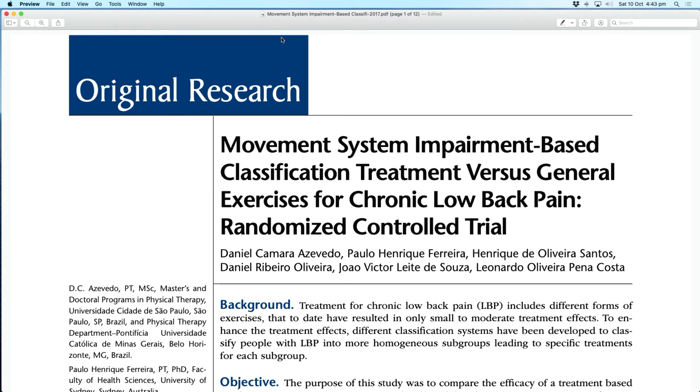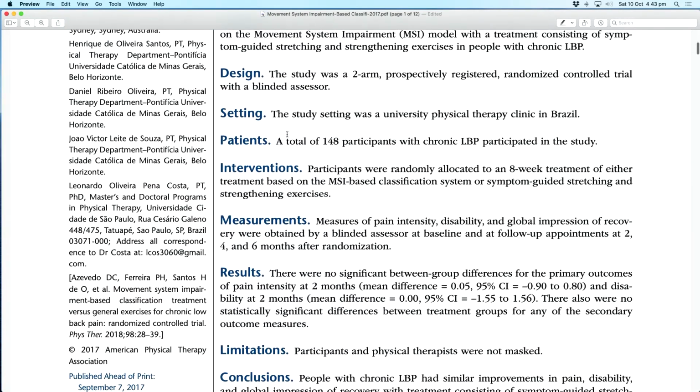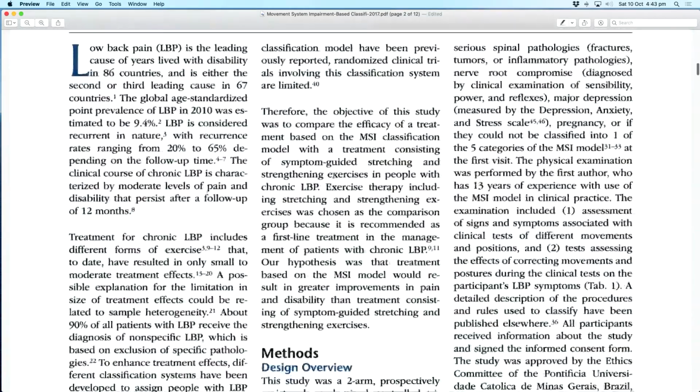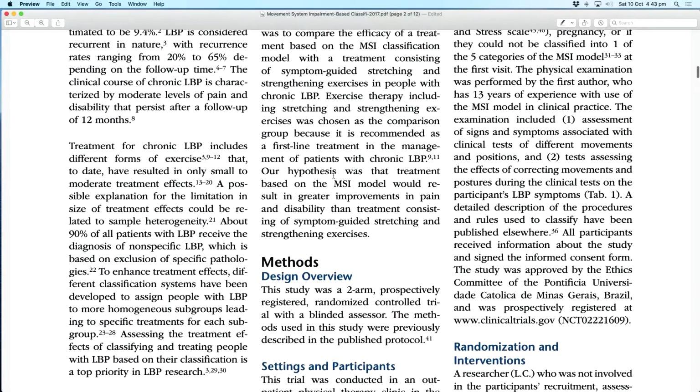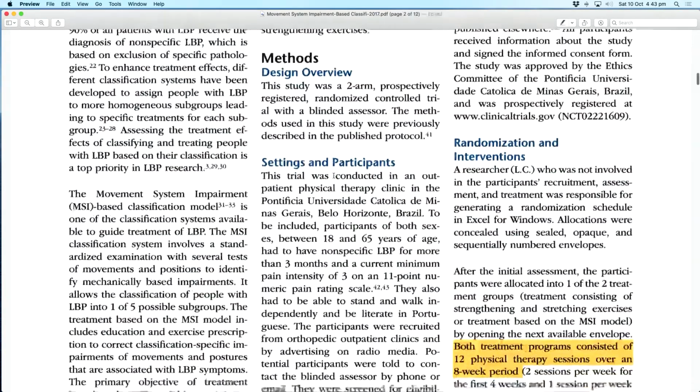It was called Movement System Impairment-Based Classification Treatment versus General Exercises for Chronic Low Back Pain, randomized controlled trial. What they did basically was they had 148 participants with chronic low back pain, and they were randomly assigned either into a general exercise group or a movement system impairment-based specific exercise group.